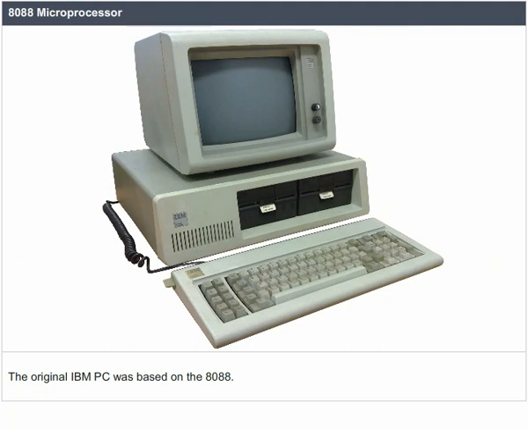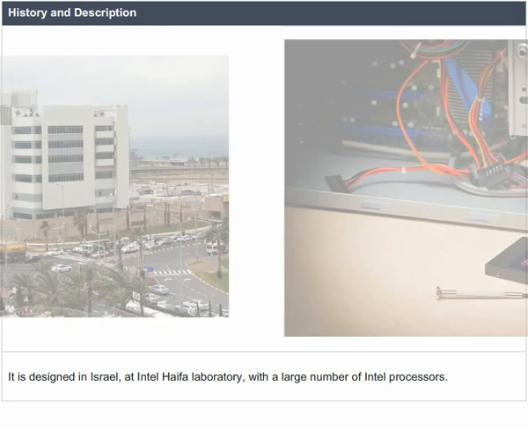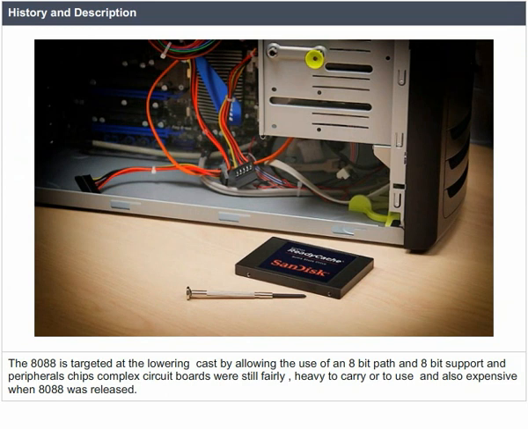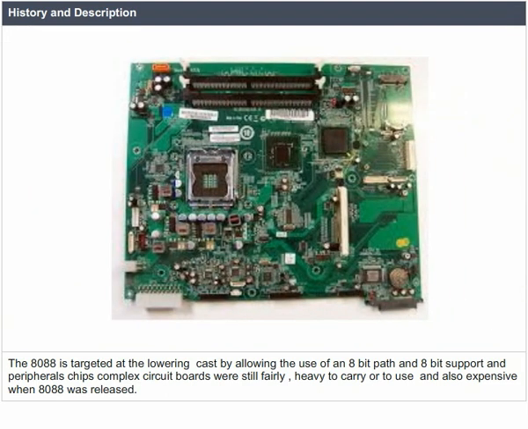History and description. It was designed in Israel at Intel Haifa Laboratory with a large number of Intel processors. The 8088 is targeted at lowering costs by allowing the use of an 8-bit path and 8-bit support and peripheral chips. Complex circuit boards were still fairly heavy to carry or to use, and also were expensive when the 8088 was released.